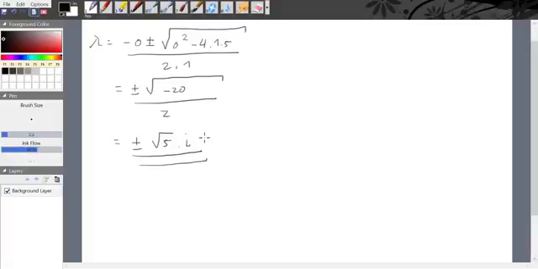So we have our lambda here, we have our root, and as predicted, it is the third case, as it contains imaginary roots.